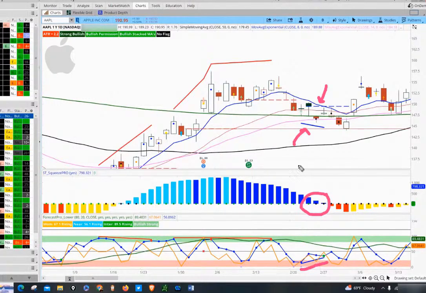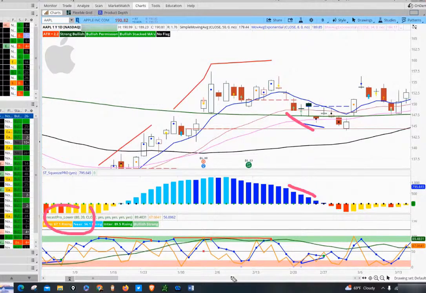So the way it works is, you guys know, a bullish divergence is when price is going down, but the indicator that you're using is going up. So as price was going down on the TTM Squeeze Pro, the histogram was going down. There was no divergence.